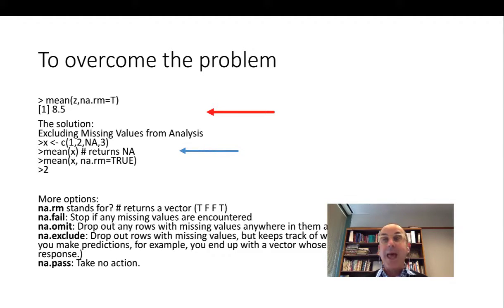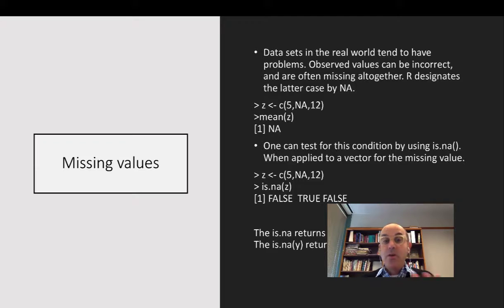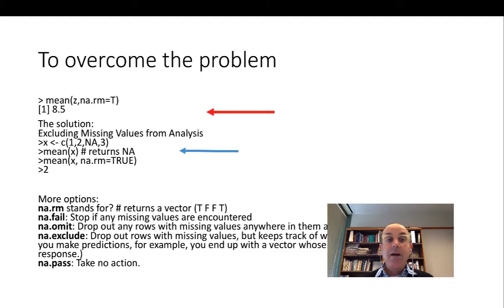One of them is na.rm, which stands for remove. In this case, z refers to 5, NA, 12, and I will say na.rm equal TRUE in order for me to get a value, which is in this case 8.5.